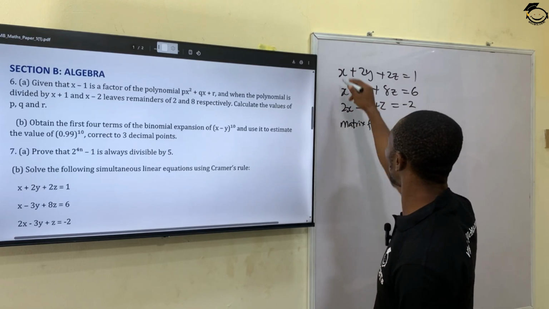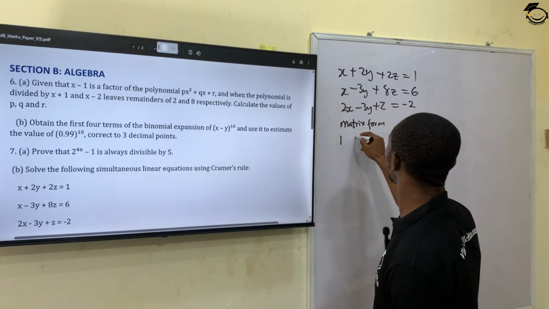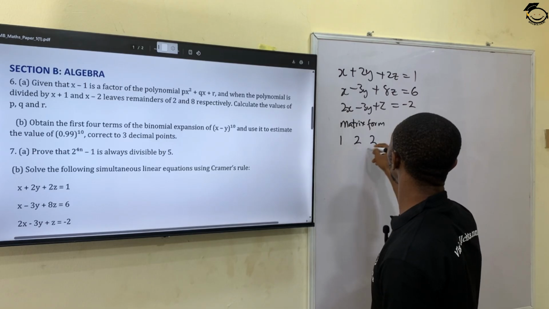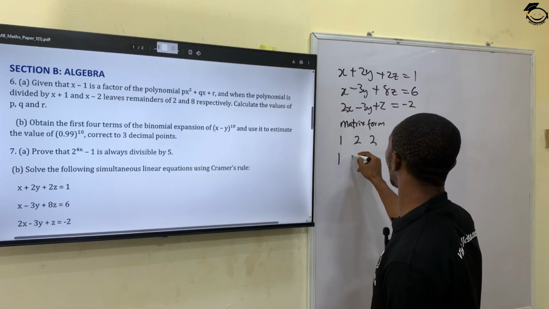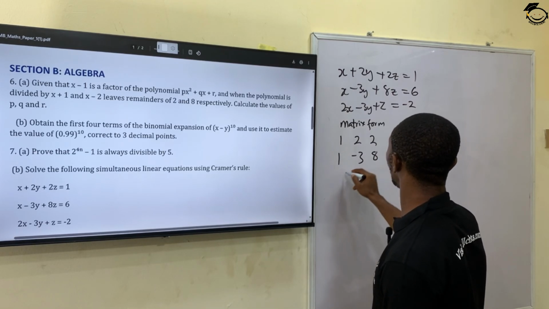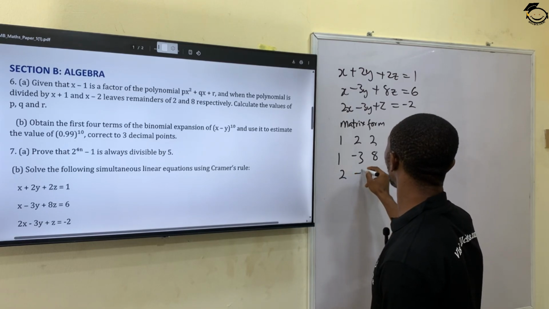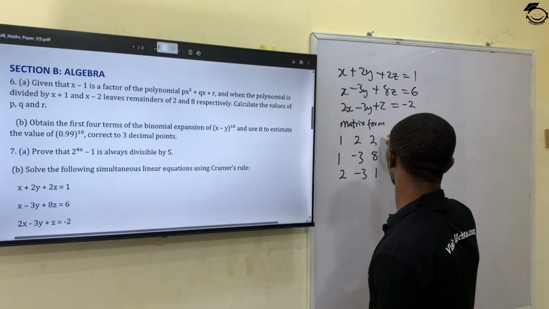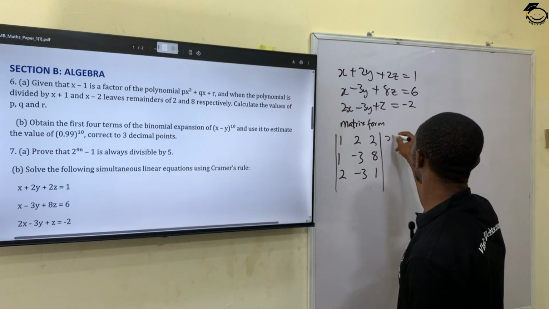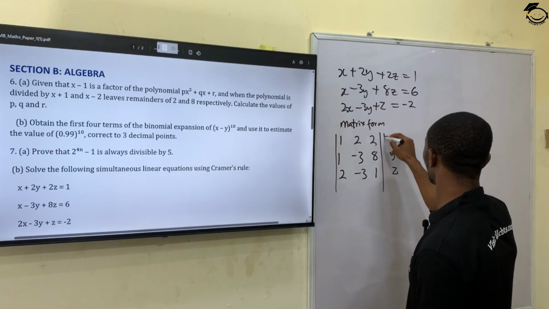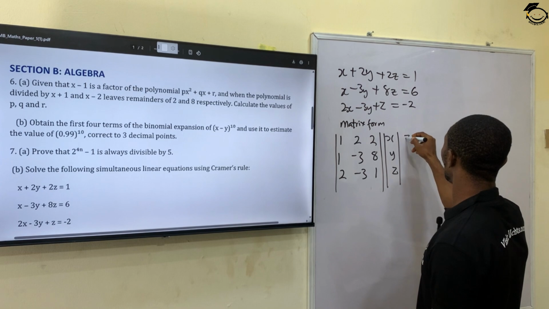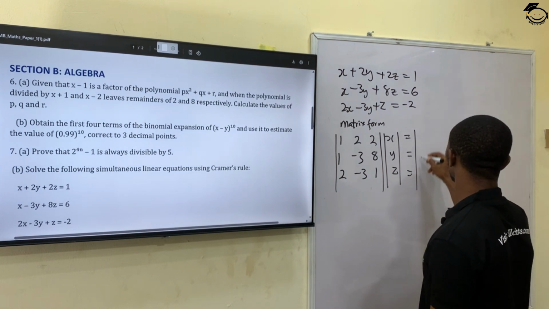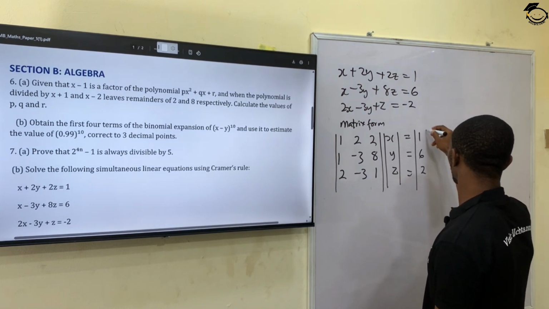Okay, now we're having 1, 2, 2, and 1, minus 3, 8, 2, minus 3, 1, times x, y, and z equals 1, 6, and minus 2.